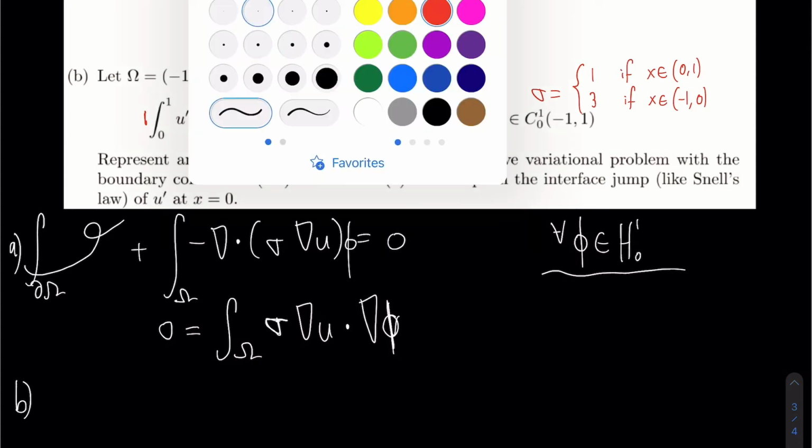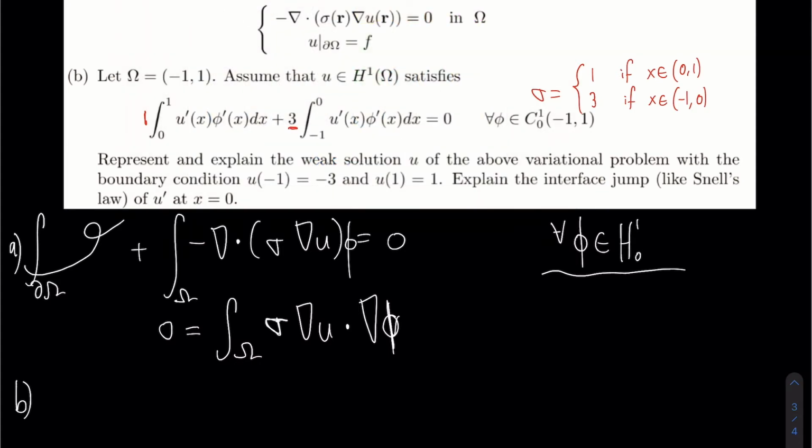Now I can rewrite the problem as the integral over -1 to 1, which is our omega, of sigma u prime phi prime. Notice this looks very similar to what I wrote earlier. Sorry, I keep writing v prime; it should be phi prime. And this is equal to 0.